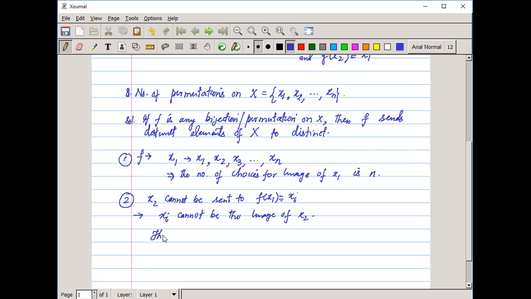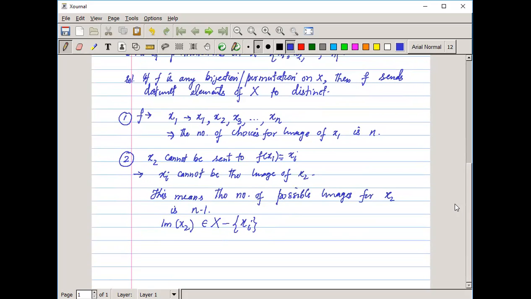So this means the number of possible images for x2 is n minus 1. In fact we can see that the image of x2 is any element of the set X minus {xi}, and this xi is the image of x1 under the mapping f.